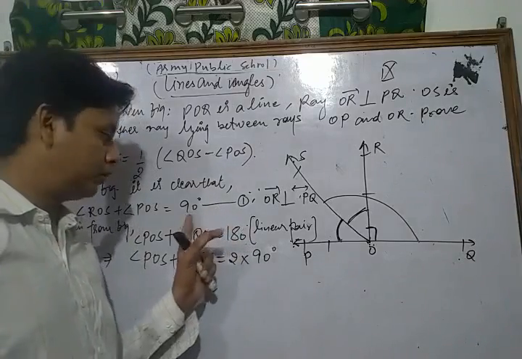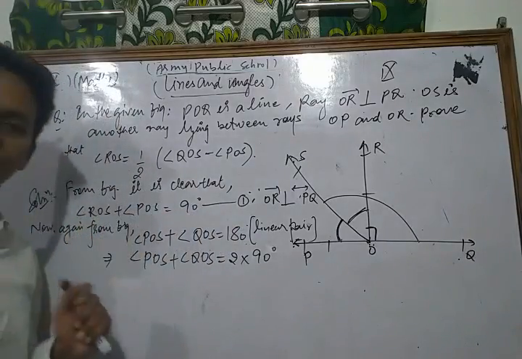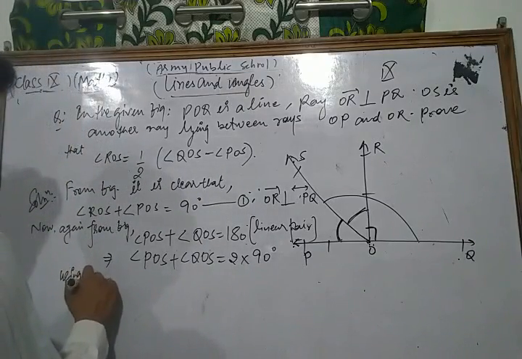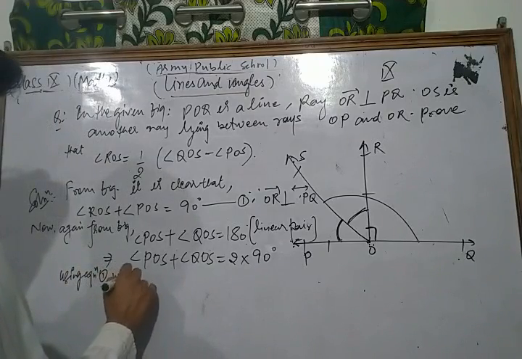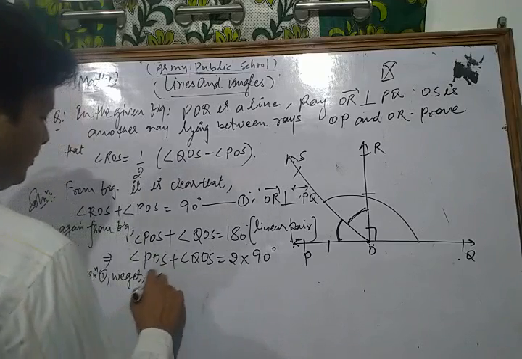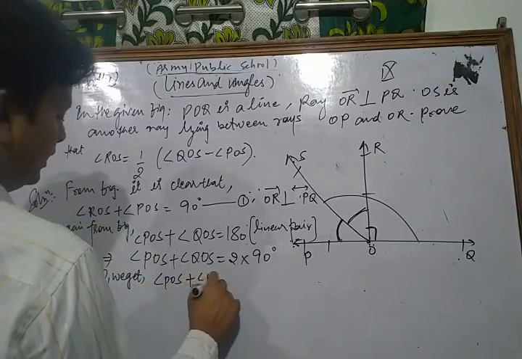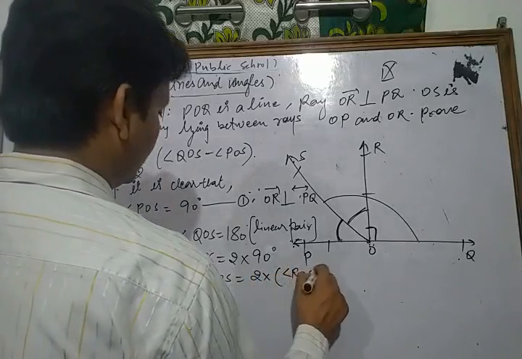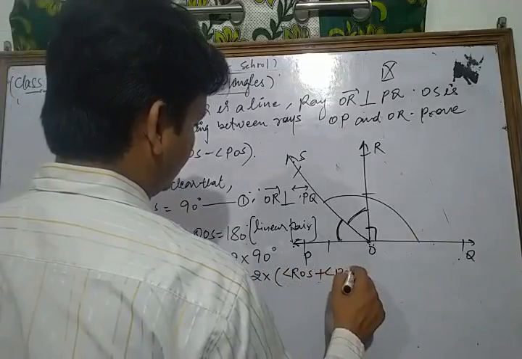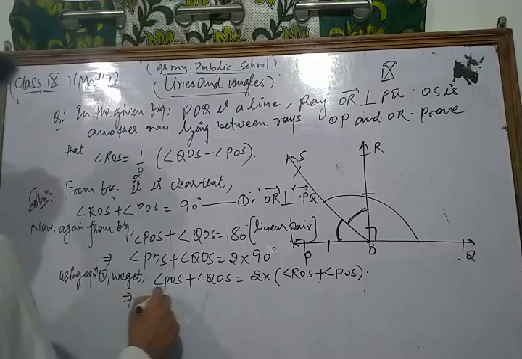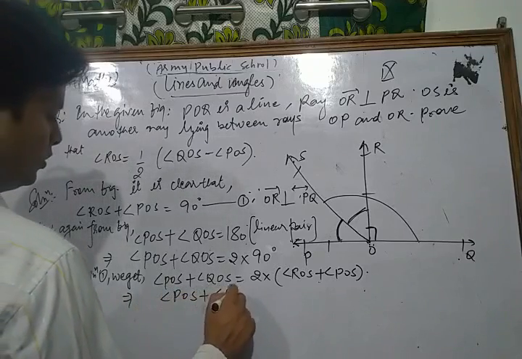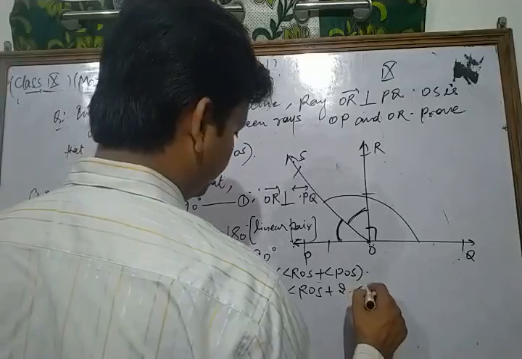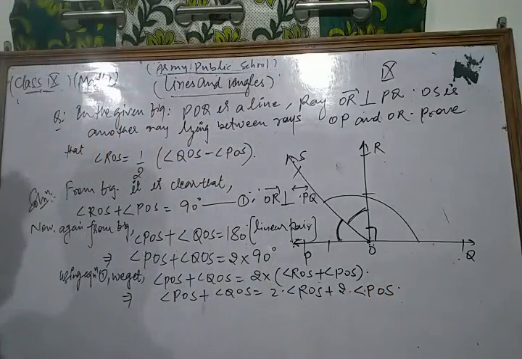Now using equation 1 we put the value of 90 as angle ROS plus angle POS. So angle POS plus angle QOS is equal to 2 times the sum of angle ROS plus angle POS. Now we simplify: angle POS plus angle QOS is equal to 2 times angle ROS plus 2 times angle POS.